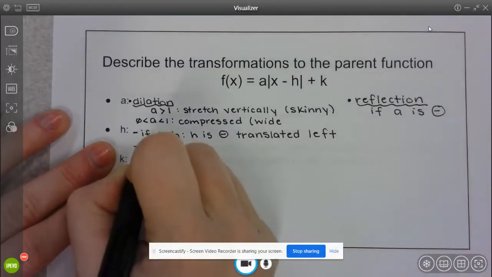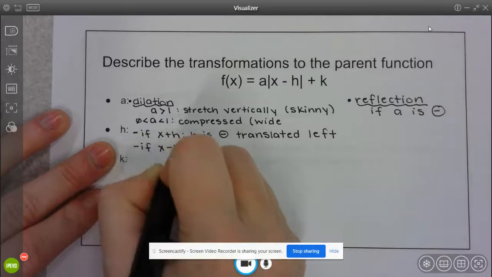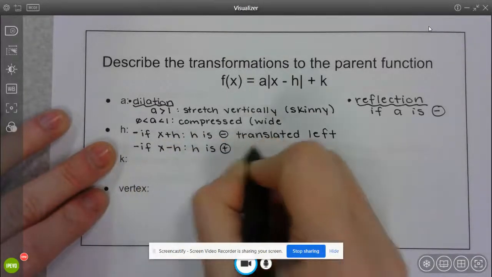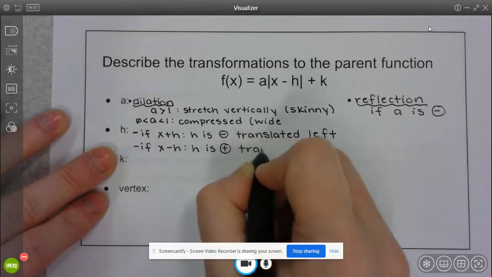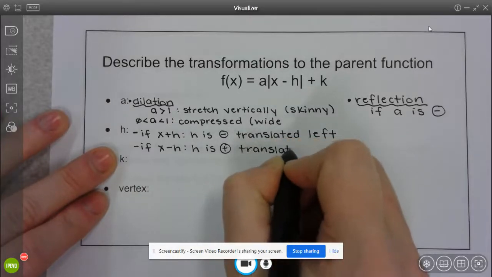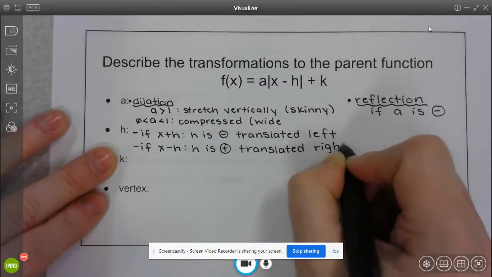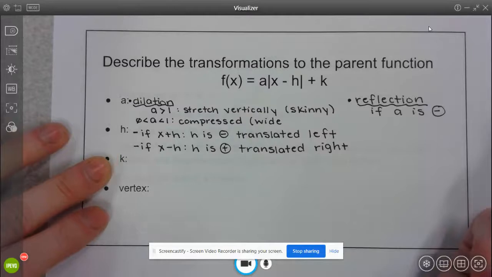And if we see X minus H, H is really a positive number, and we've translated right however many units H is.